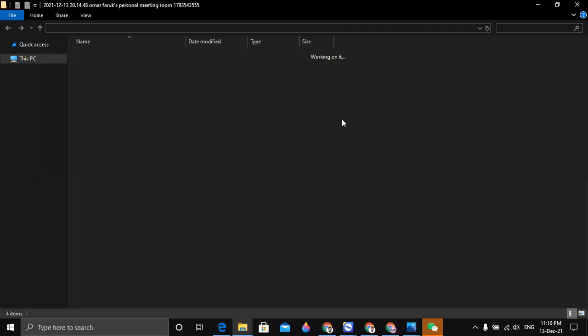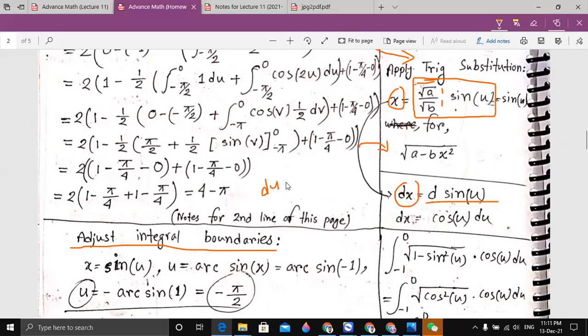dy is equal to y derivative dx. So we have d sine u, which will be the sine u derivative dx.